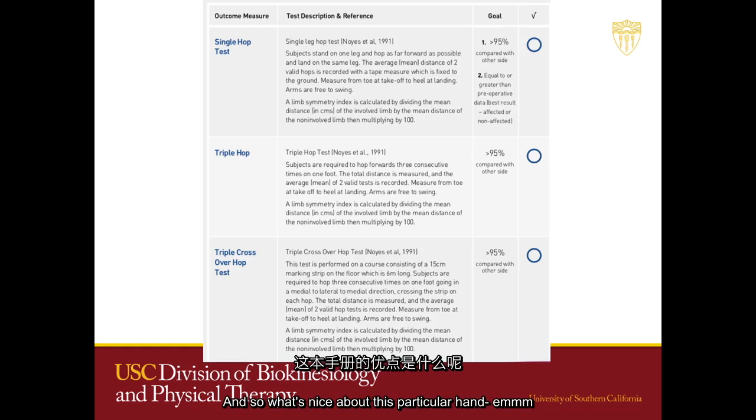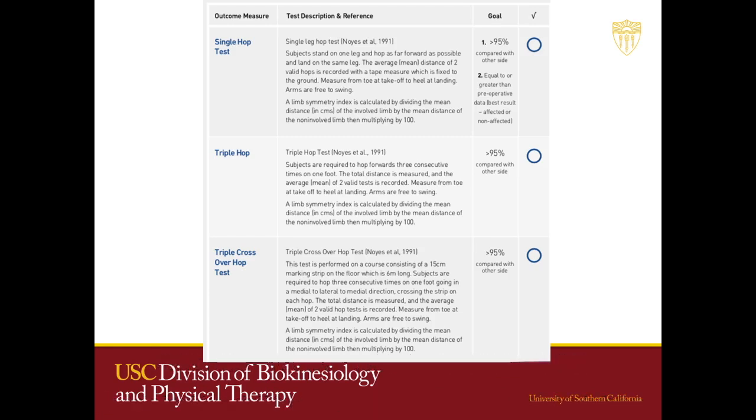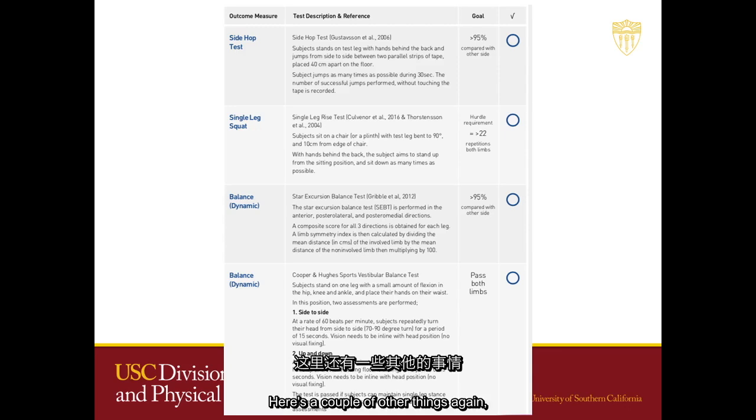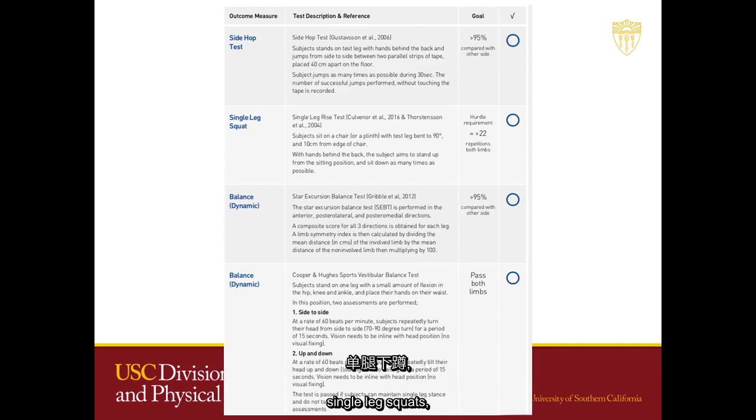And so what's nice about this particular booklet is that it gives you the specific instructions on how to do these. Here's a couple of other things. Again, this follows very similarly to the list I already talked about with side hops, single leg squats, and then dynamic balance activities.